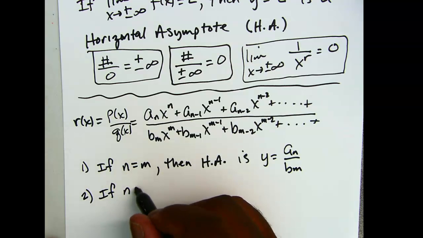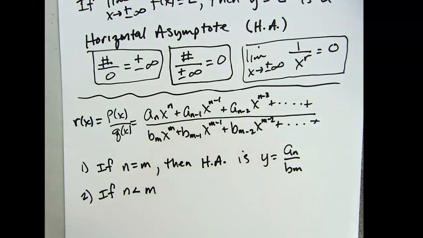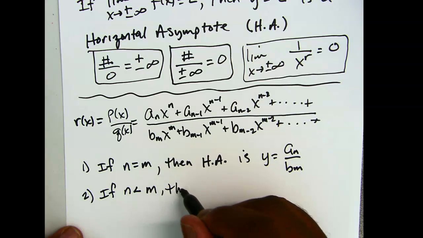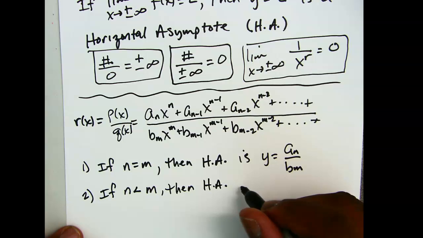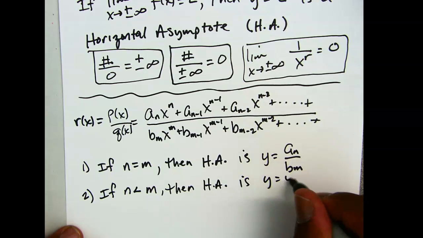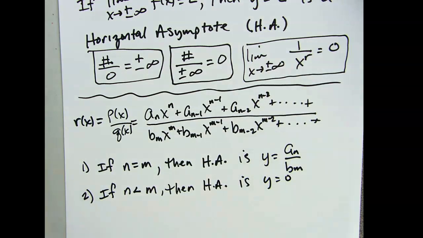If n is less than m, so in other words, the degree of the numerator is smaller than the degree of the denominator, then your horizontal asymptote is y equals 0.